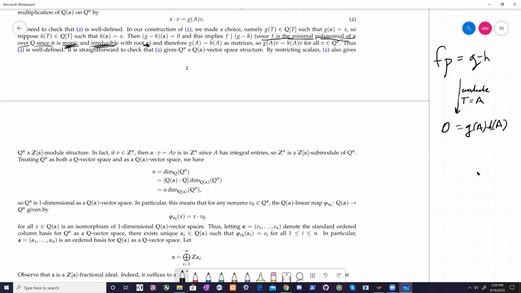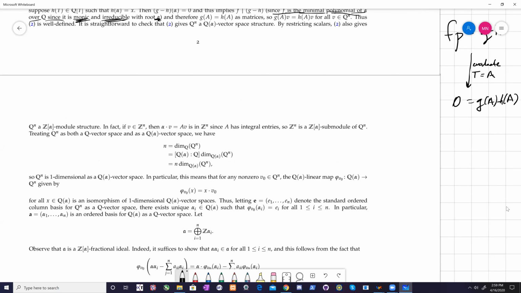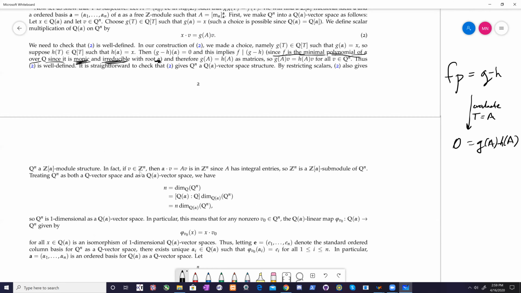In fact, if v belongs to Z^n, then alpha · v is equal to Av. Well, this is in Z^n because A has integral entries. So that's what we assumed: A was a matrix with integer entries. So Z^n is a Z[alpha] submodule of Q^n.